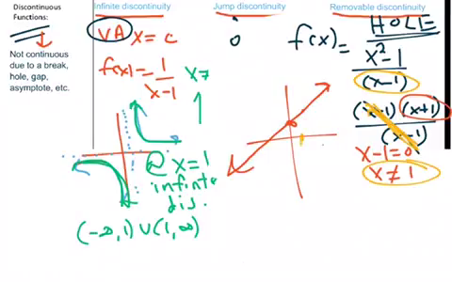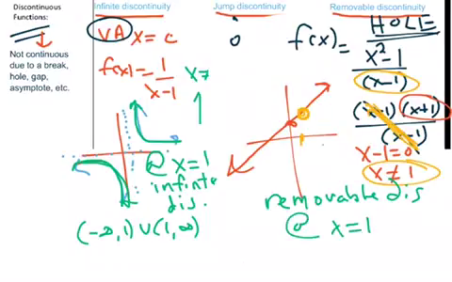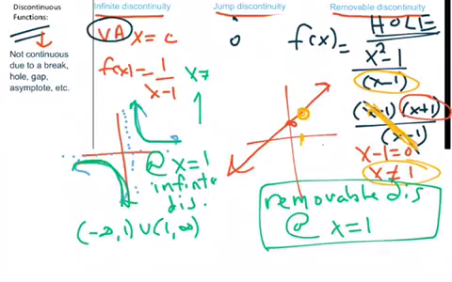So there's 1, we have a hole there on the graph, okay? And so that would be said to have removable discontinuity. We would say that this graph has removable discontinuity at x equals 1. It is a restriction on the domain, meaning the function is discontinuous.